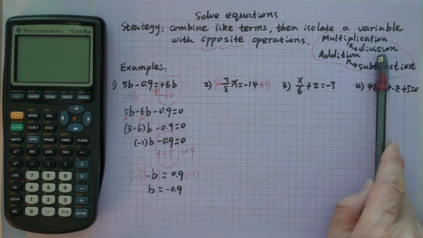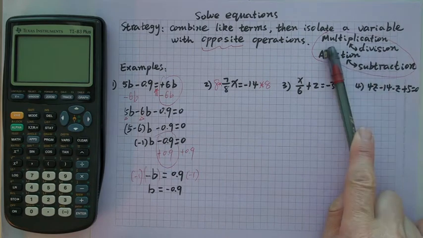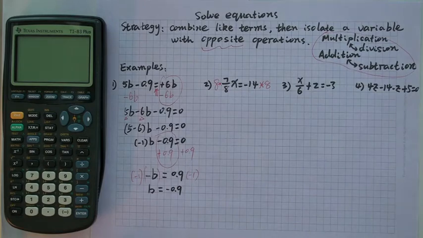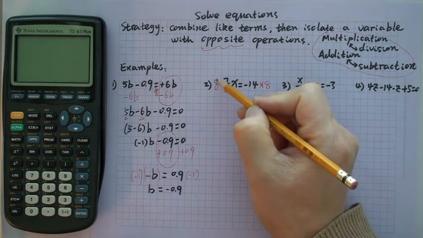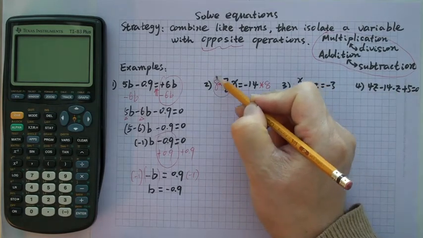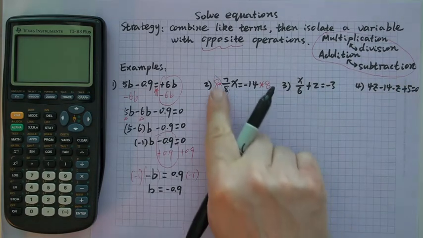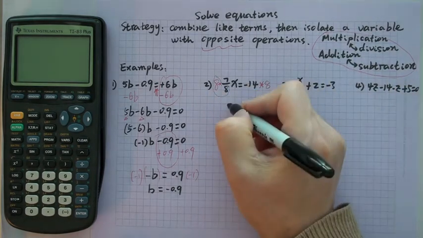When you see division, the opposite operation is multiplication, so you can cancel the 8 upstairs and downstairs.